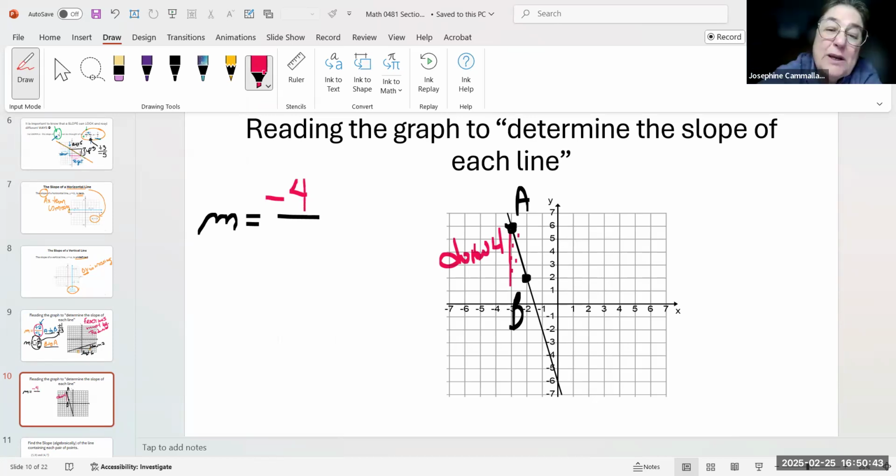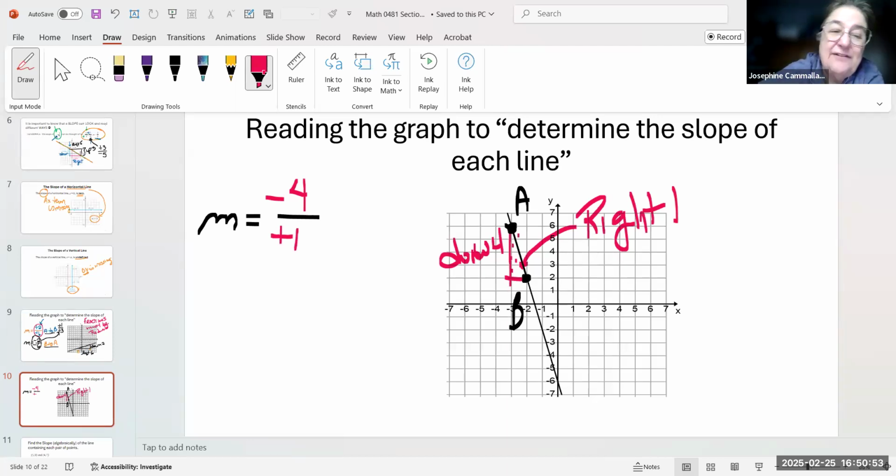I then am going to go right 1. Now, right is positive. Now, this fraction, -4/1, is going to become the whole number, -4. And this is going from A to B.